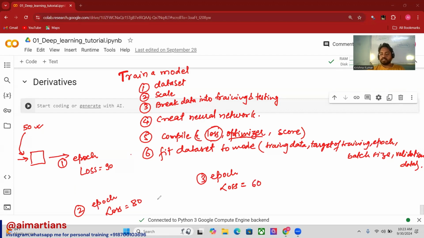That is not fixed, like it will go down by a constant value like 10, 20, 30. No, it may be anything. So how does this happen? How does my model understand that you have to reduce loss? There we have something called optimizer.